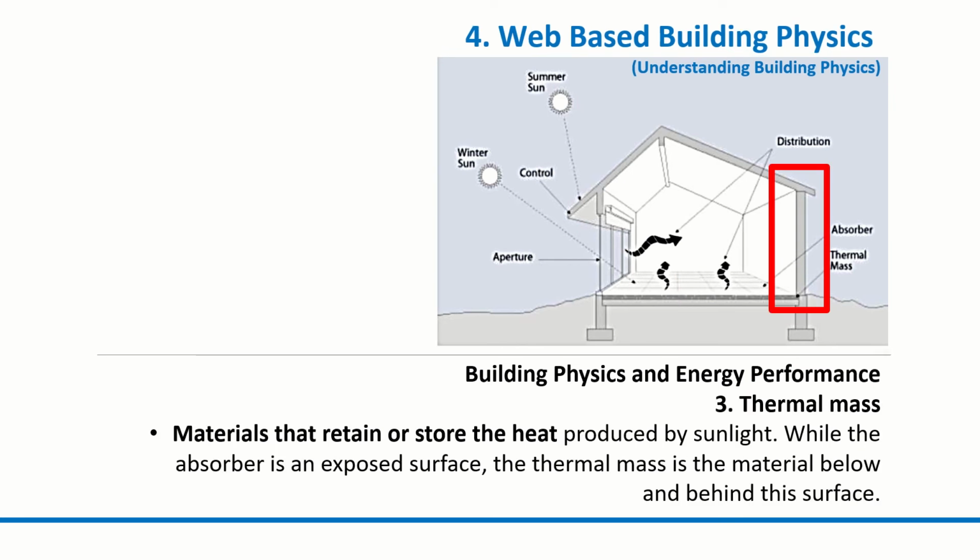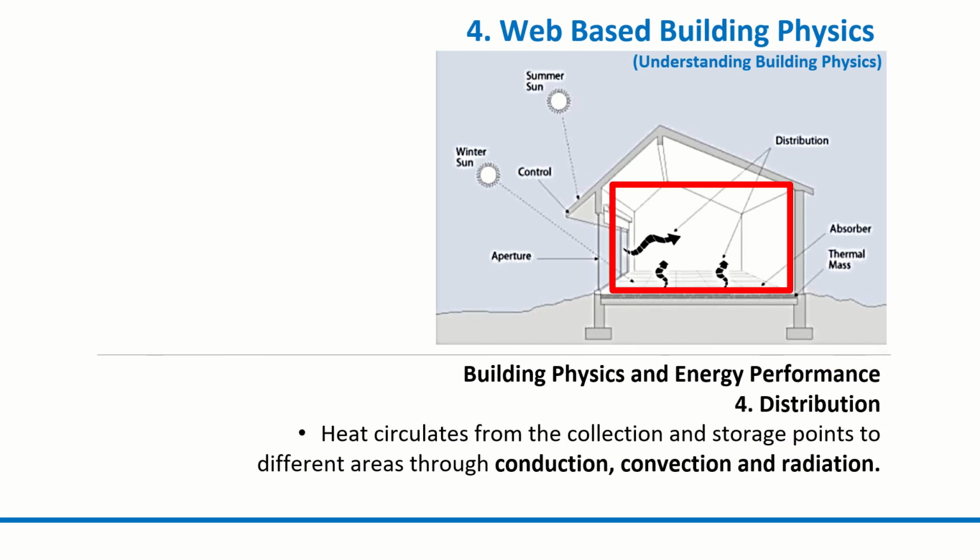The third component is the wall, for which many of us use words like thermal mass or time lag. What is the composition of the materials? How do we arrive at R value, U value, so that it satisfies the requirement of the building as such.